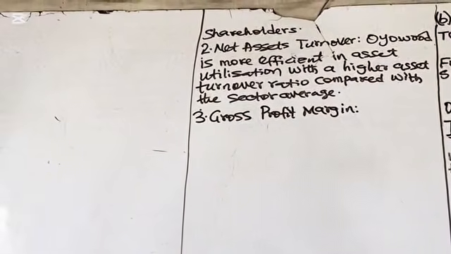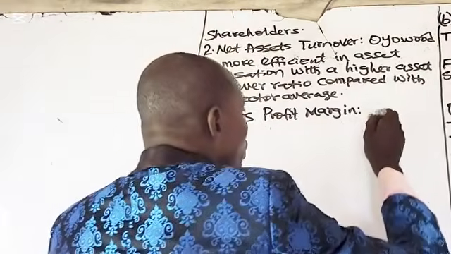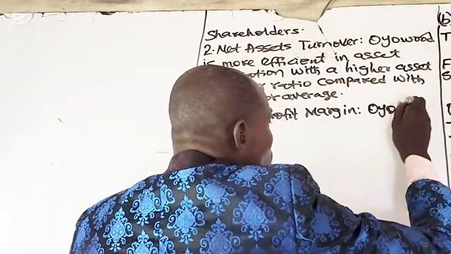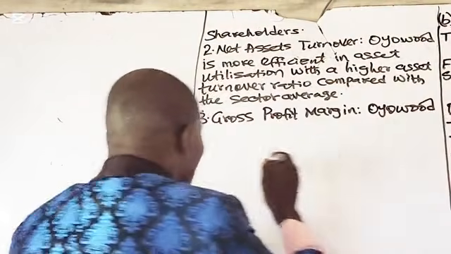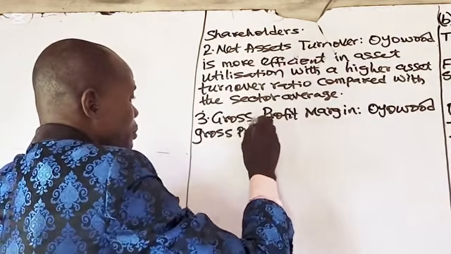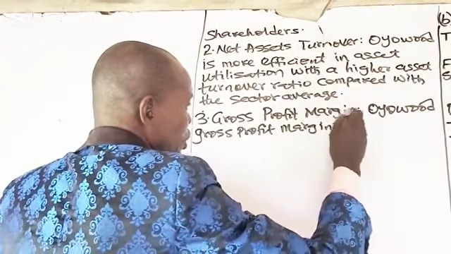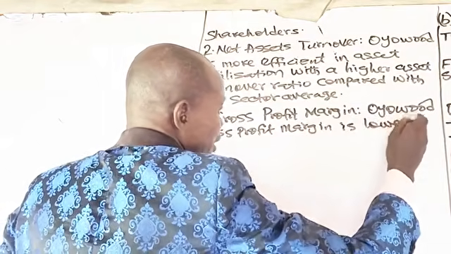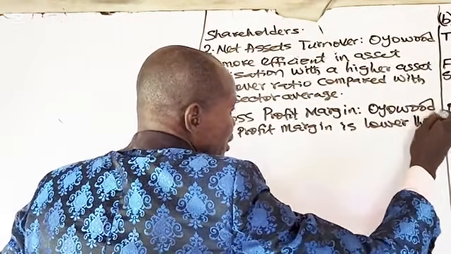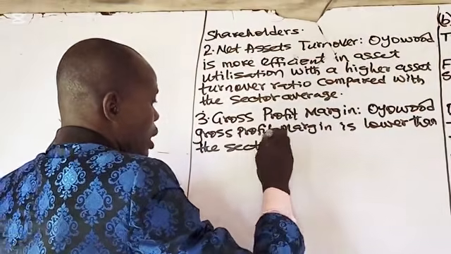What does that imply? Oyowood's gross profit margin is lower than the sector average.